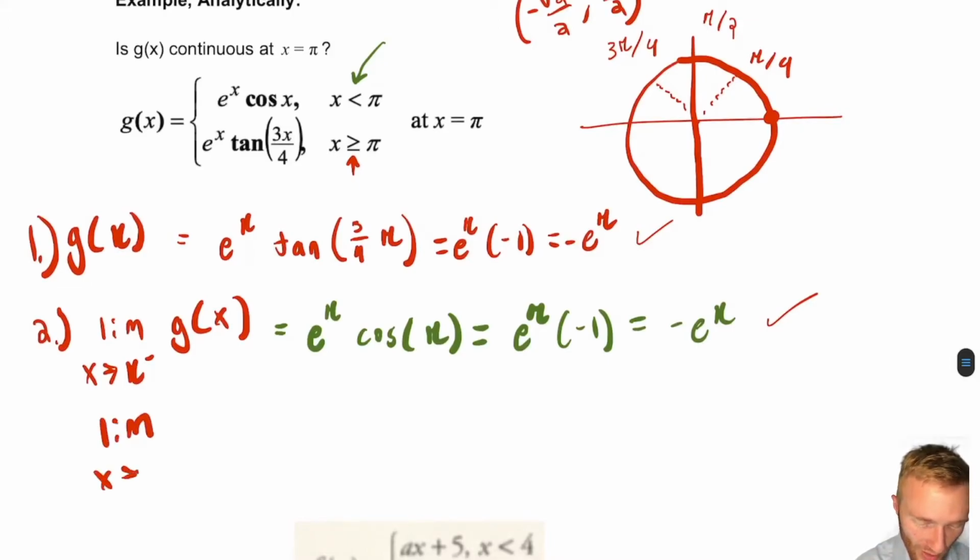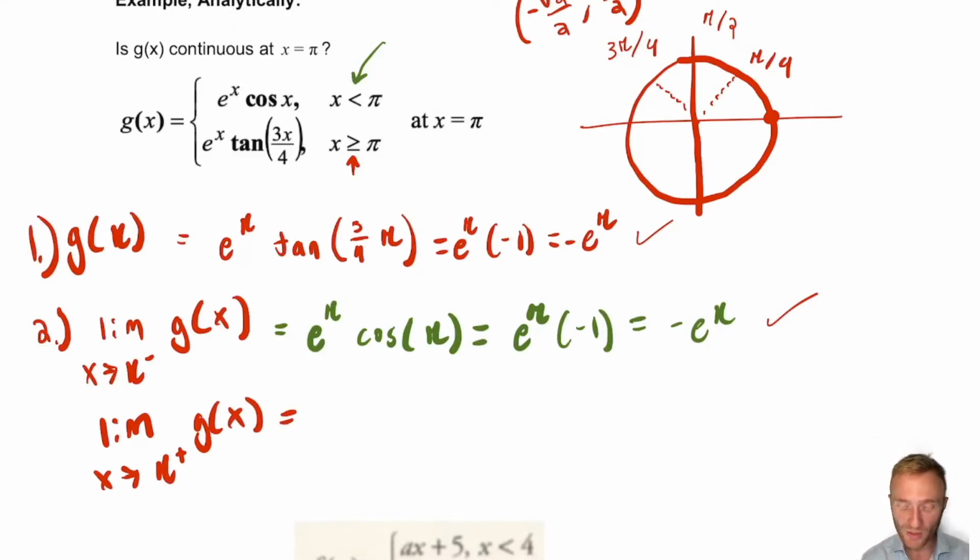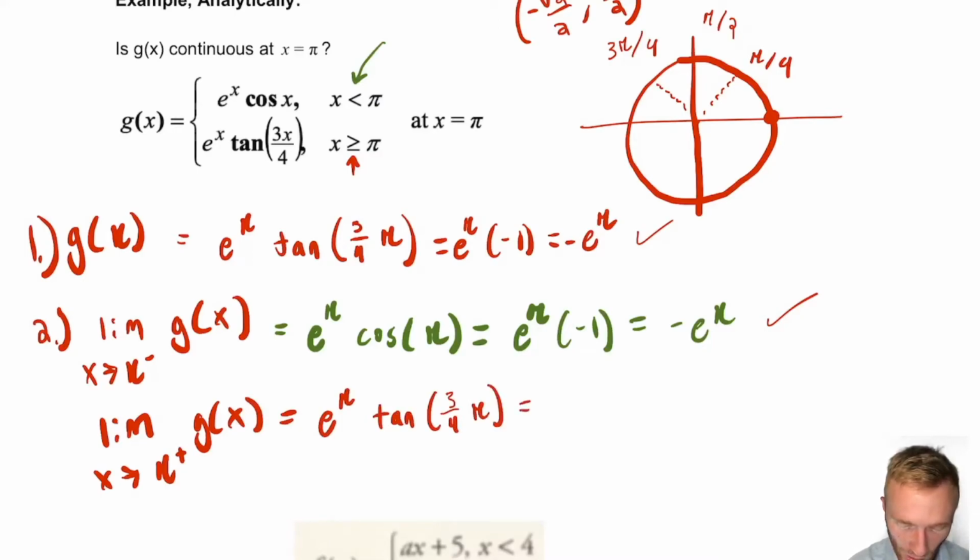The limit as x approaches pi from the right of g of x equals, so now we're back to using our other function. We already plugged in pi. We kind of already know exactly what this is. If we are approaching from the right, we would have e to the pi times the tangent of 3/4 pi. We already know that this is negative e to the pi.